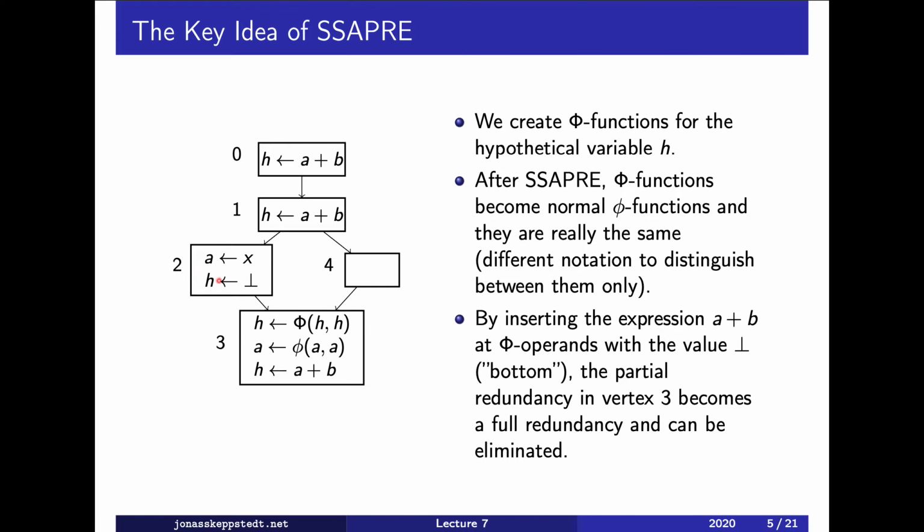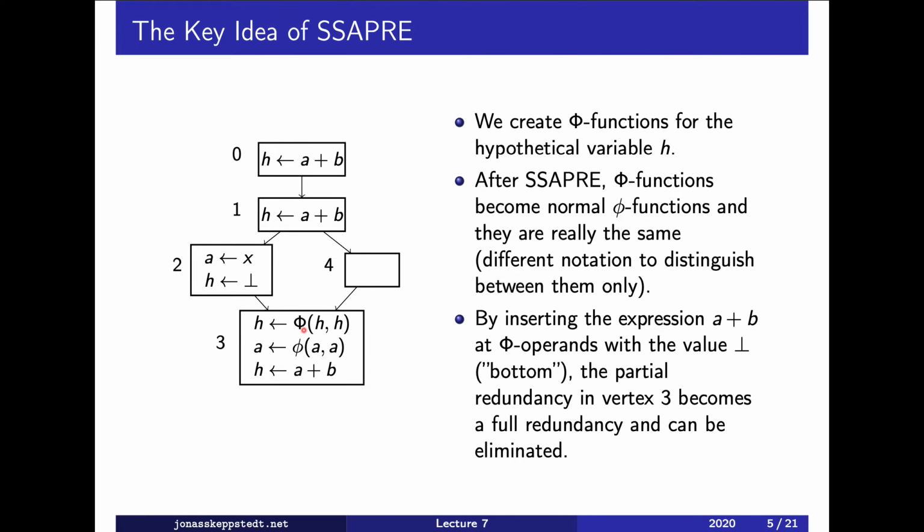So since we have an assignment to h here, we need a phi function for h here. This phi function uses capital Phi, and it is used essentially in the same way as the normal phi functions, but to see which one is which, we use capital Phi instead.